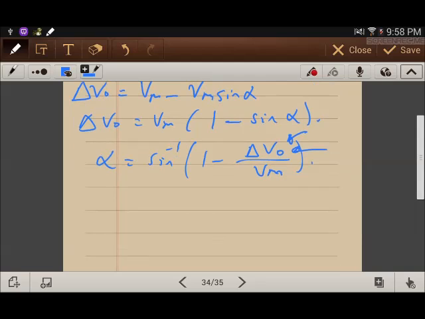So how can we find that? If omega RC is much greater than 0, then alpha will be pi over 2 on the other side, and theta is equal to pi over 2 on the positive side, just before 90 degrees, and this is just after the 90 degrees.